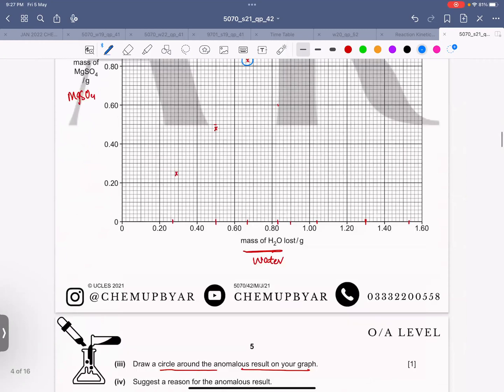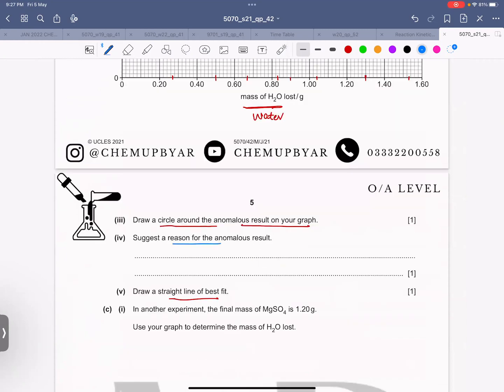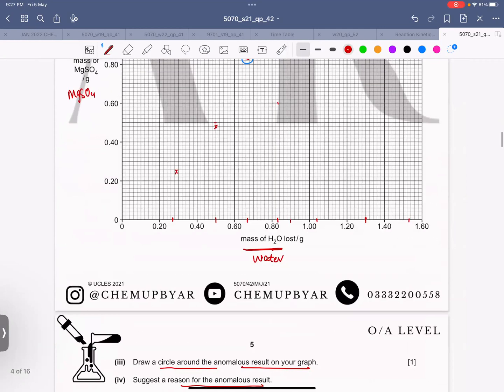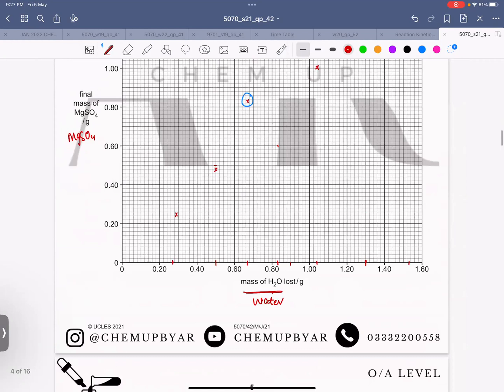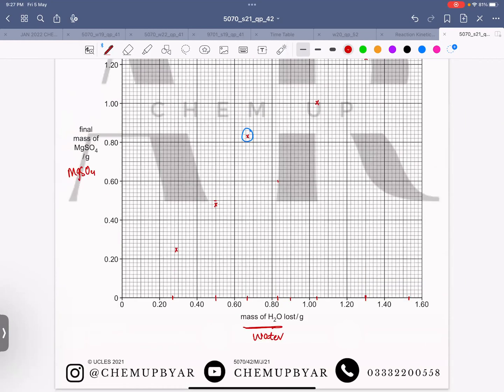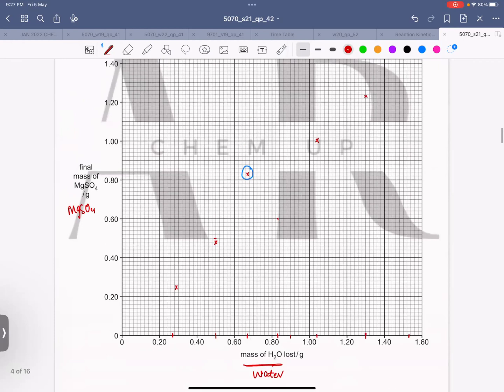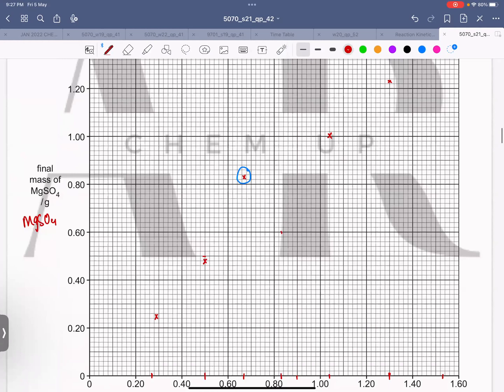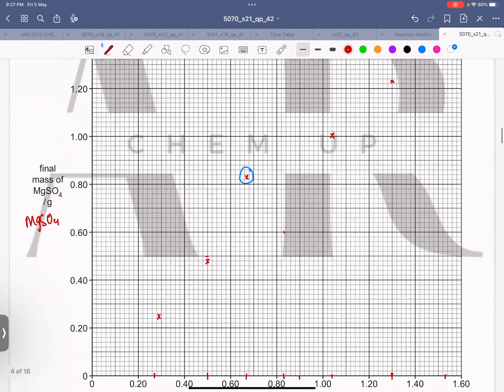Then suggest a reason for the anomalous result. Yes, can anybody suggest the reason? So let me explain it to you. The mass of magnesium that we are getting is, for example, this.